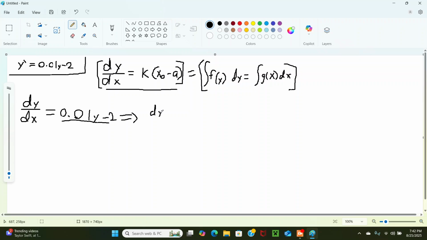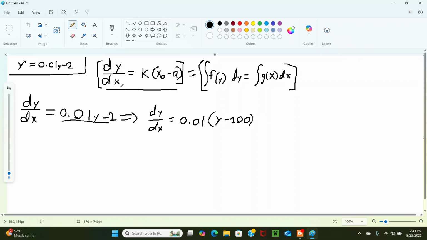We're going to rewrite it again. dy over dx is equal to, and to simplify this, we're going to pull out the 0.01 and use that as our k. 0.01 multiplied by y minus 200, because 200 multiplied by 0.01 is 2.